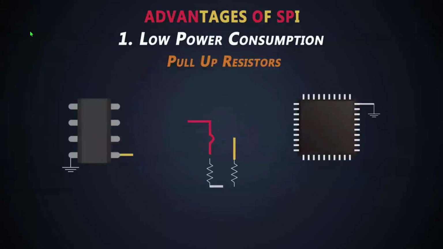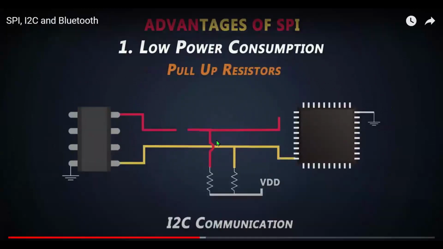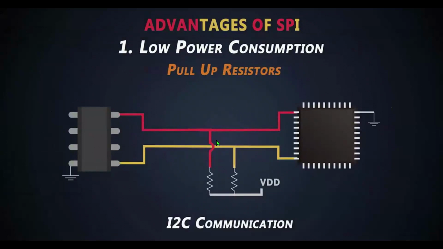SPI uses clock gating. We know that I2C communication requires pull-up resistors to create the 3.3 volt or 5 volt idle state. If a device needs to talk, it will pull the SDA line or clock line to low and high continuously to send the data. The value of this pull-up resistor is in kilo ohms, but as we increase the data transmission speed, this value decreases.